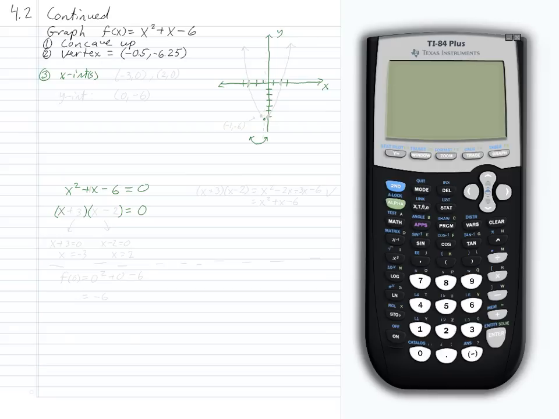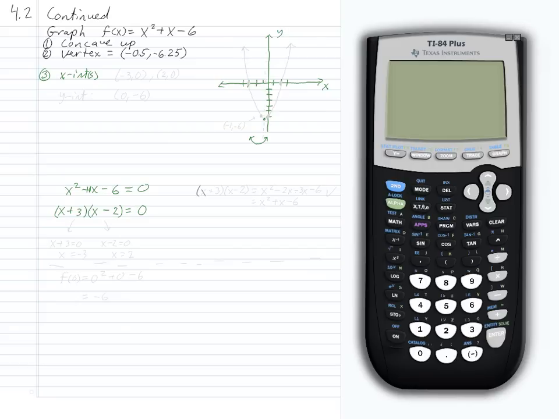Well, let's try x and x. That's the only way we can get x squared. And then I'm thinking of factors of negative 6 which would add up to positive 1, the coefficient of x, the middle term. So 3 and 2 seem like good candidates, and I think 2 is going to have to be negative and 3 is going to have to be positive.